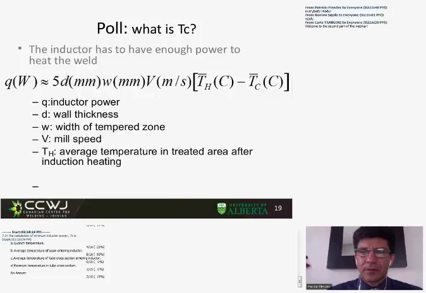Most of you suggested that TC is the average temperature of the steam entering the inductor. That is what TC means in this equation. So I want to be very clear that when we calculate inductor power, it is essentially based on what temperature we had coming into the first inductor and what temperature we had coming out of the last inductor.